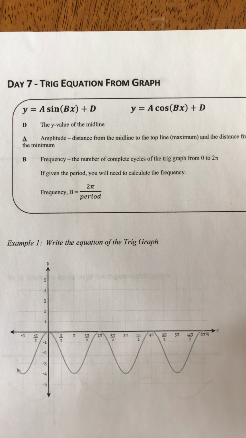I can cancel things out, so 2 pi and 2 pi are the same, so they cancel out as 1. When you multiply two fractions, you multiply across the numerator and you multiply across the denominator. 1 times 3 is 3. That's our numerator. 1 times 1 is 1. So our b value is just 3.